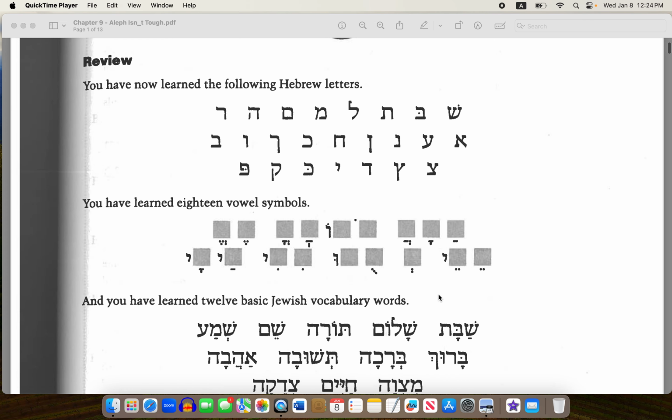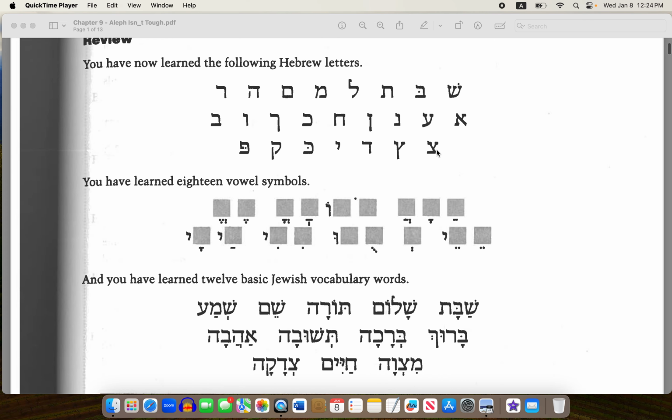Adding in a vowel sound, let's practice our Tzadi vowel sound because some people have a tendency to lean towards a Z sound and you don't know that letter yet. So remember, tip of your tongue behind the top two front teeth, very tight up there.